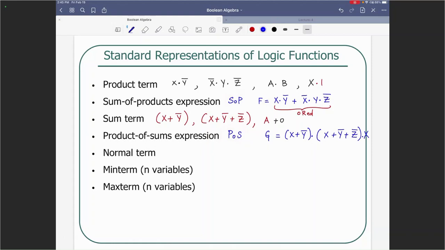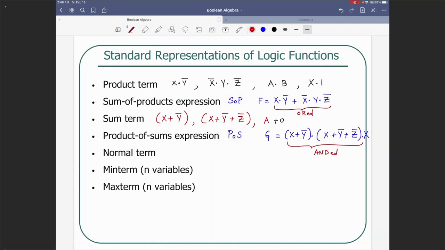So that shows you that this is a product of sums expression in which all the sum terms are getting ANDed. So that's your POS expression. Again, just as with the SOP, a POS expression is also not unique.